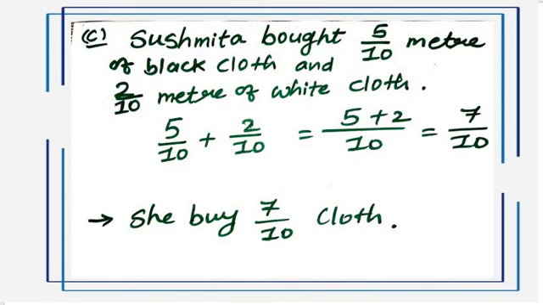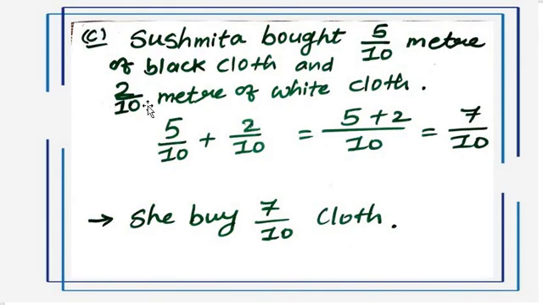How much cloth did she buy in all? Understood? It means we have to find how much cloth, black and white, she bought. So now we do the simple addition.